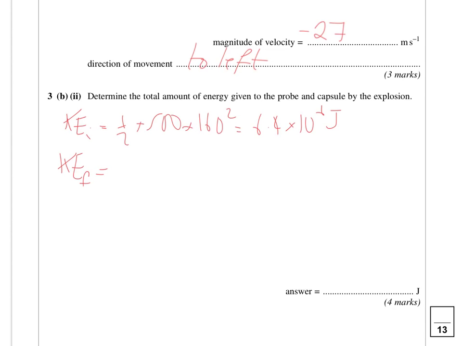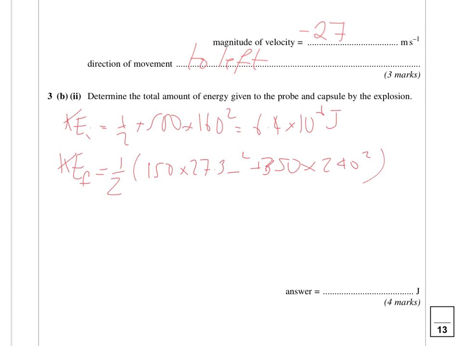The final kinetic energy is half times 150 times 27.3 squared plus 350 times 240 squared. So what was that? 27 plus a third squared times 150 plus 350 times 240 squared, divided by 2.